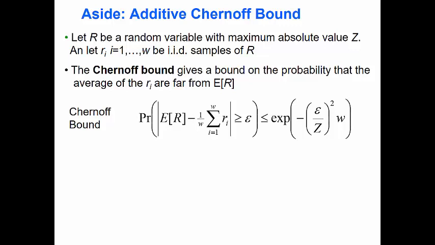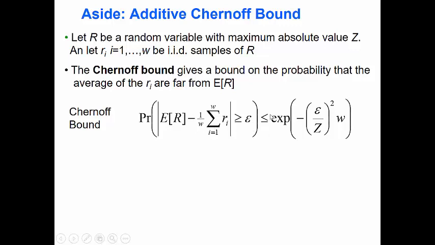And then we were interested in bounding the probability that the average of those numbers is far away from the expected value. So this is the true expected value of an arm. This is the average of W pulls of the arm. And we want to bound the probability that that difference is greater than epsilon.